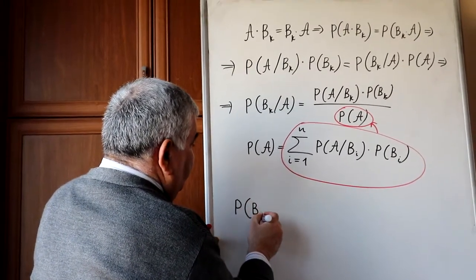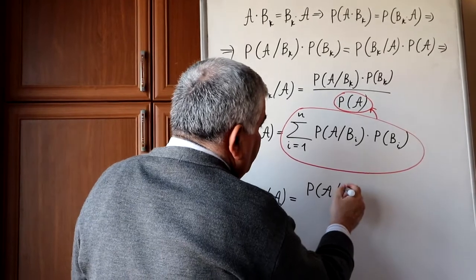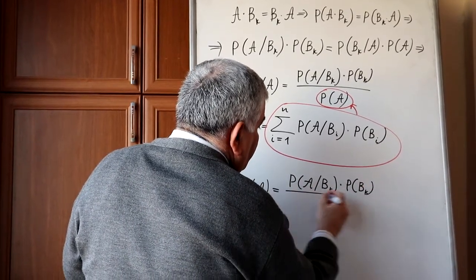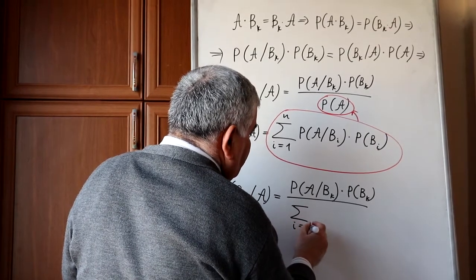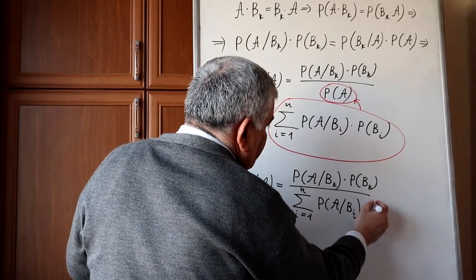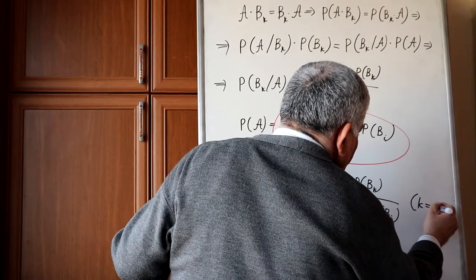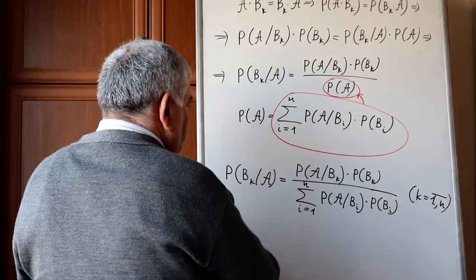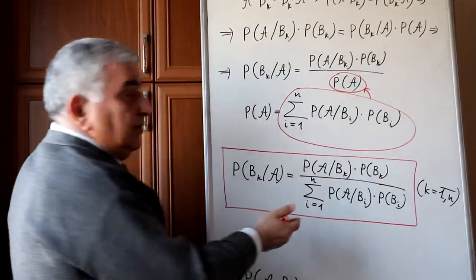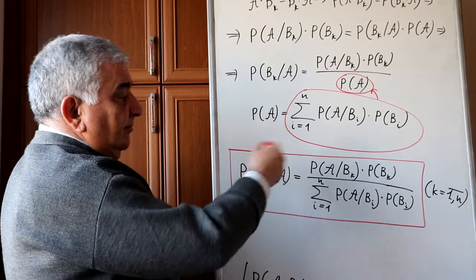P of Bk under condition of A equals P of A under condition of Bk multiplied by P of Bk over sigma for i from 1 to n, P of A under condition of Bi multiplied by P of Bi. Here k changes from 1 to n. It is the Bayes formula, or this formula is named also the hypothesis theorem.